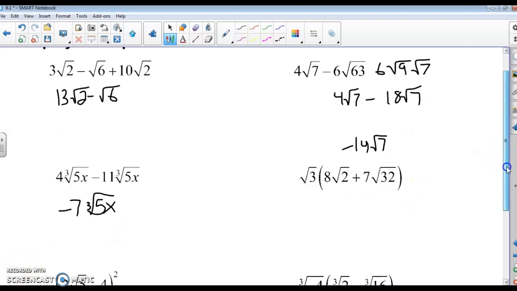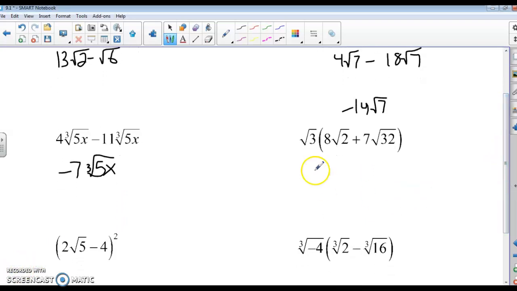For this problem, it's the same as before. We have the option whether we want to multiply through 3 times both things and then try simplifying. I find it easier to see if you can simplify this first, which I can, because the square root of 32 can be broken up into 16 and 2. So I could have that as 7 root 16 root 2.